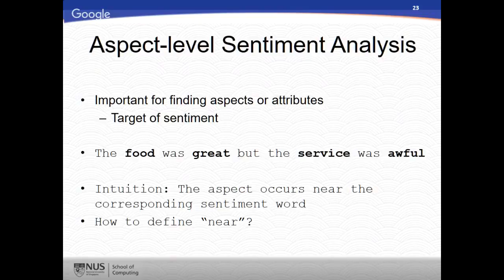Because food and great are in one clause, and great and service are in separate clauses, food and great should be near. There are also many other definitions of the distance, but I just give you some simple intuition.